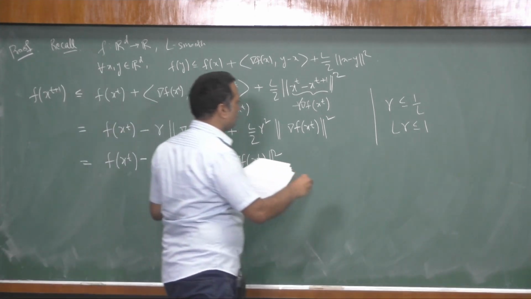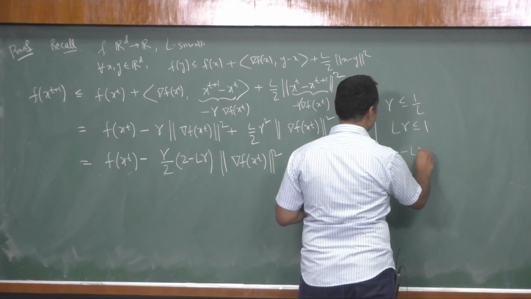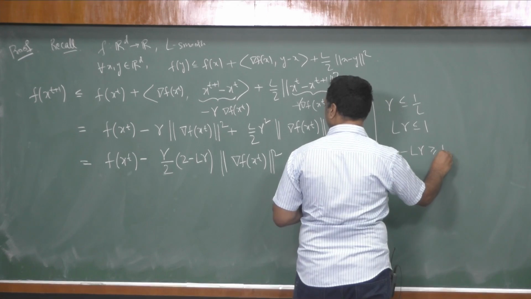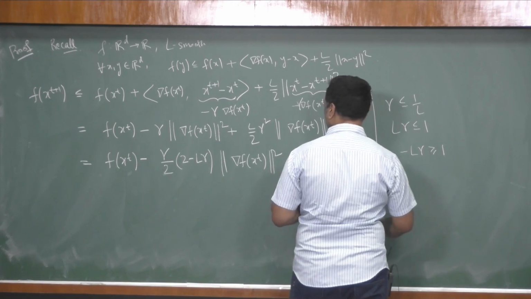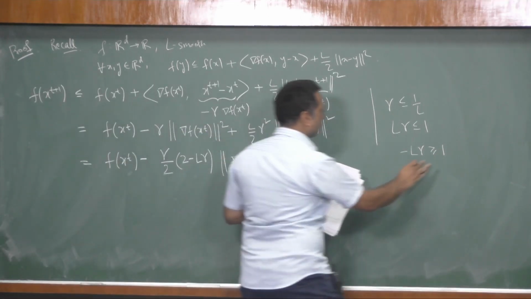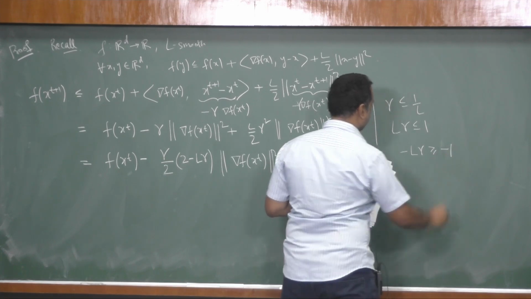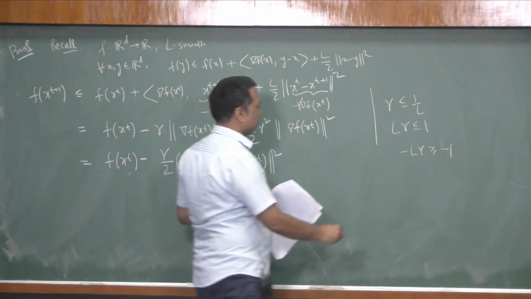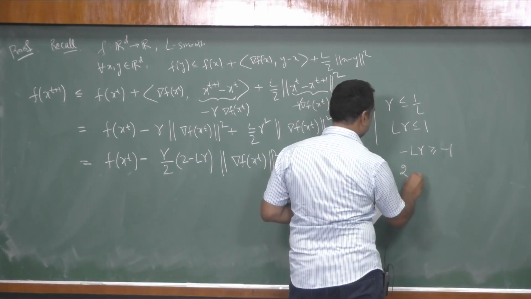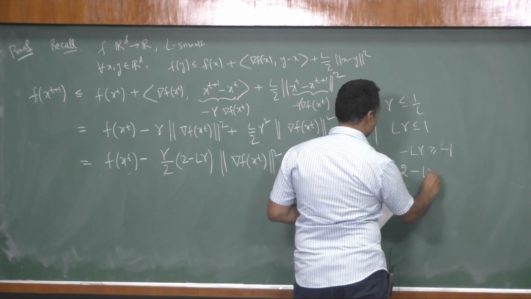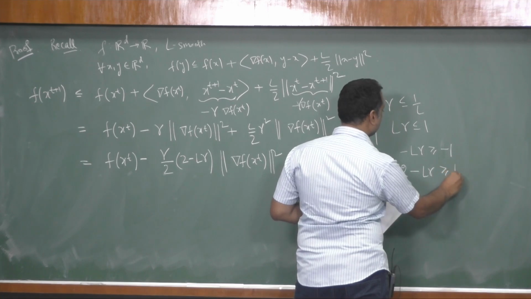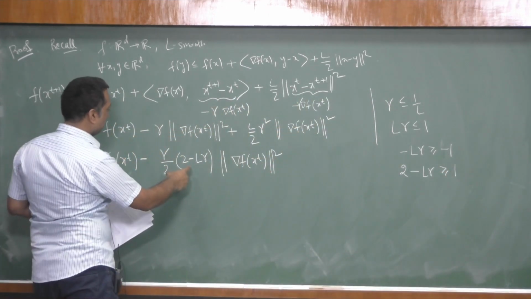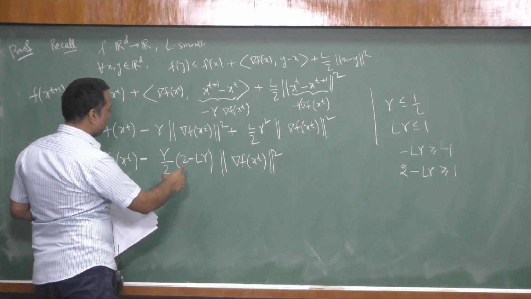So minus L gamma is greater than equal to minus 1, right? And then I add the 2, because I'm looking into whether I can drop this. So 2 minus L gamma is greater than equal to 1.